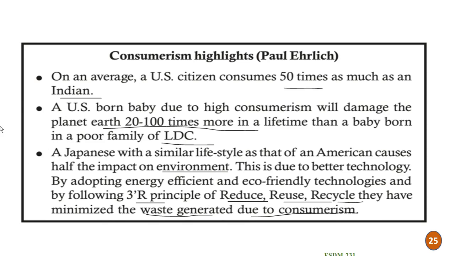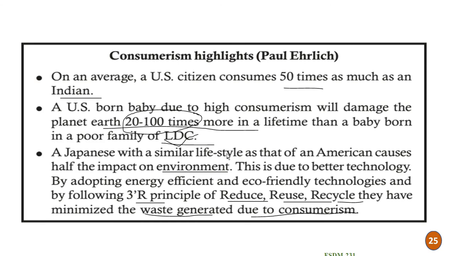So this is the research highlight of Paul Ehrlich, and he reported the observation in comparison of the US and other countries, and here he noted that the US born baby, due to its high consumerism, will damage planet Earth 20 to 100 times more in a lifetime than a baby from a poor family of least developed countries.